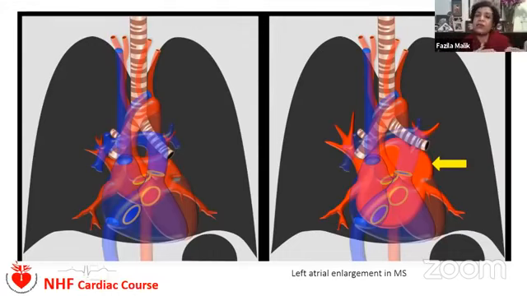Gradually over time, back pressure is transmitted to the pulmonary veins, then to the pulmonary capillaries, and so we have pulmonary venous hypertension. Eventually, the back pressure goes to the pulmonary arteries, and we have right atrial and right ventricular enlargement. So that is in a nutshell the pathophysiology.